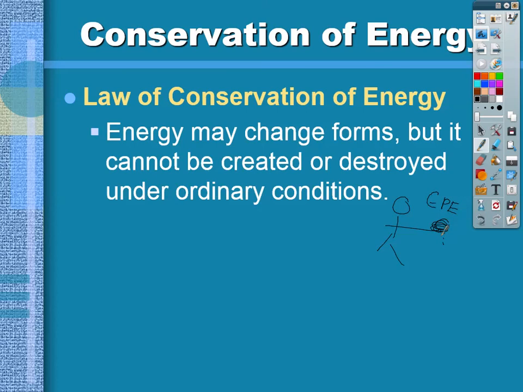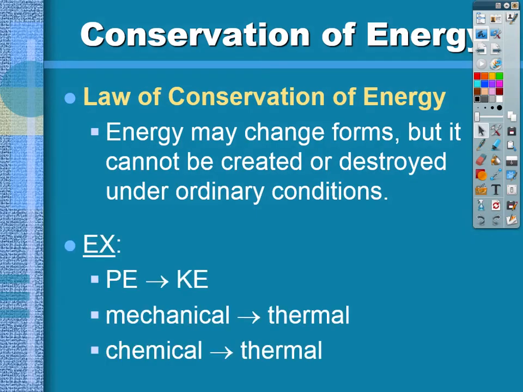If I let it go, it's going to fall, move, and change into kinetic energy. If I give the object 10 joules of gravitational, by the time it hits the ground, it'll have 10 joules of kinetic. I can change what type it is, but I can't change the overall amount. The whole time that object has 10 joules of energy, but just the type of energy can change. So that's the potential to kinetic energy example.